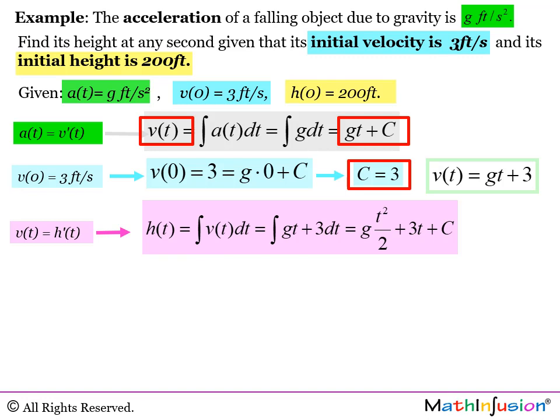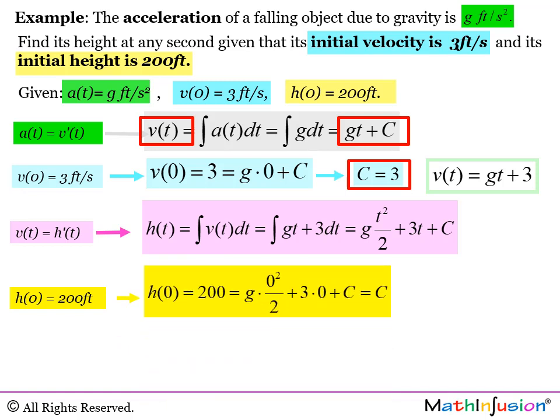But again, we have to find c. For this, I'm going to use the information about the height at time 0. Let's substitute. t is 0 and h is 200. And I get that 200 actually equals c. So I have my c to be 200.